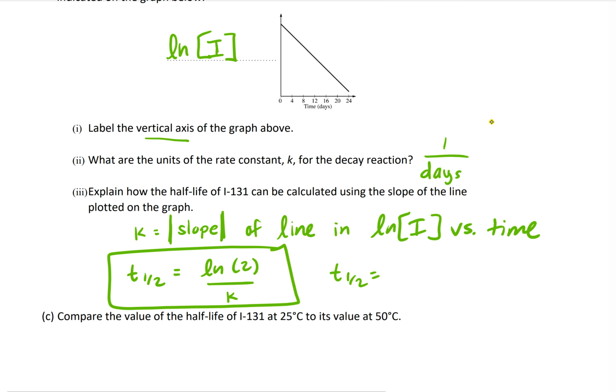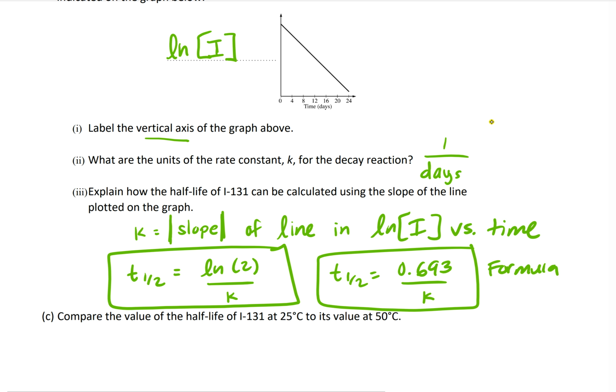The natural log of 2 is 0.693 over K. Okay, so I believe it's this one that's on your formula sheet. But sometimes it's hard for us to remember the 0.693. So I like to think of it as natural log of 2. That's something I can remember a little bit better.